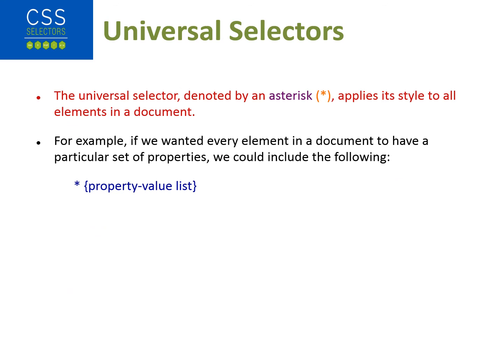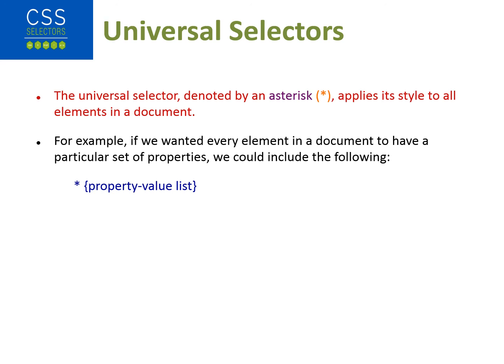So next is the universal selector. The universal selector is denoted by an asterisk. It applies its style to all the elements in a document. For example, if you wanted every element in a document to have a particular set of properties, we could include the following: star.